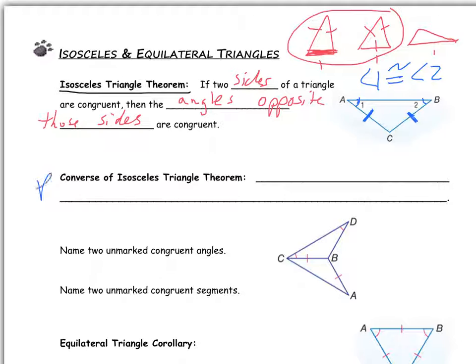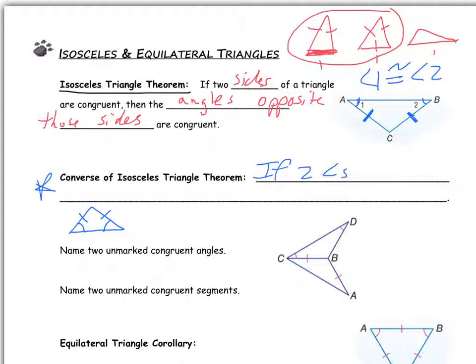Now the converse of that theorem says that if we have a triangle that has two angles congruent, then the sides opposite are also congruent. So it would be the converse of the isosceles triangle theorem.